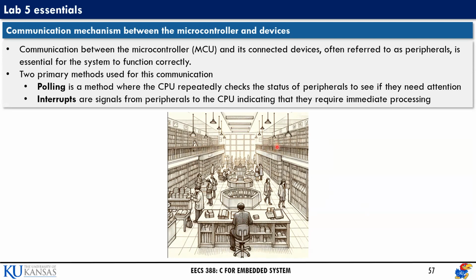This routine check is akin to polling, where the librarian, acting as a microcontroller, actively seeks out requests or tasks to perform, regardless of whether anyone immediately needs help or not.